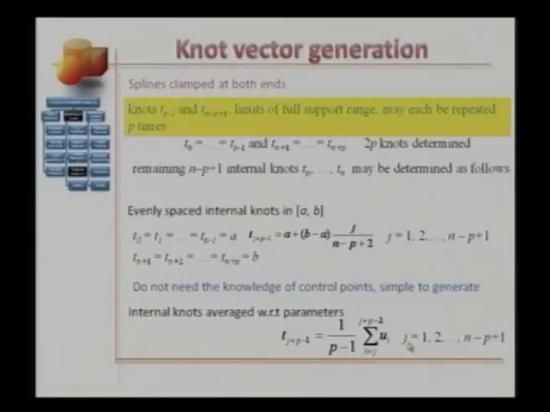Let's say for the first value of j equals 1, we have in the summation i going from 1 up till p minus 1 of u of i, this index i will be going from 1 to p minus 1. For j equals 1, we are computing t sub p. So in a sense, t sub p is the average of the first p minus 1 parameters. Of course, we are ignoring the value u sub 0 here.